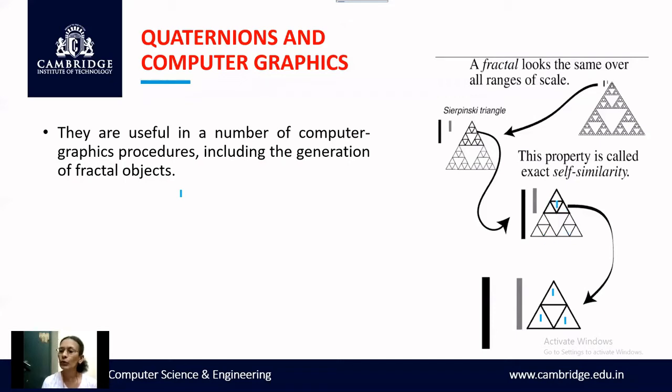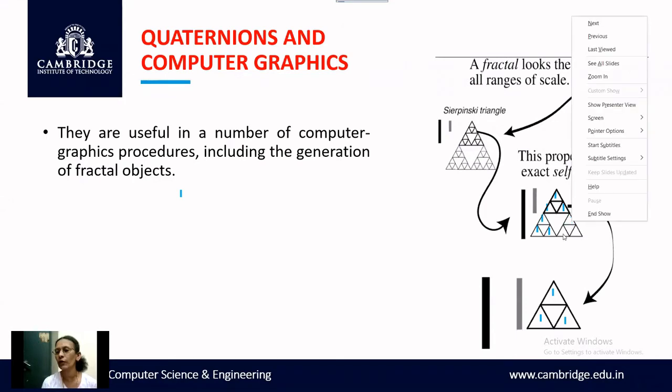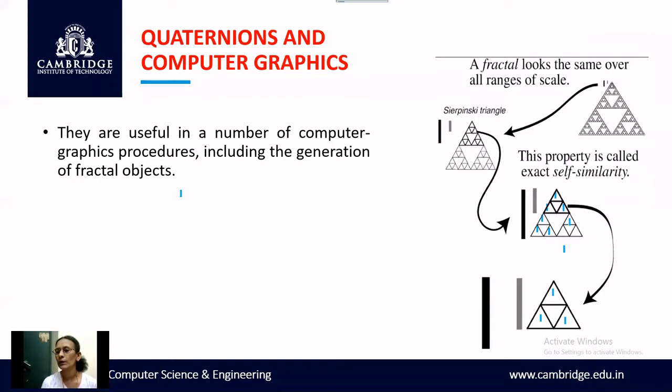Now you repeat the same procedure for each of the 3 end triangles, and again for these 3 triangles, and for these 3 triangles. You will end up with this figure. You again repeat for each of these, you will get this figure and so on.